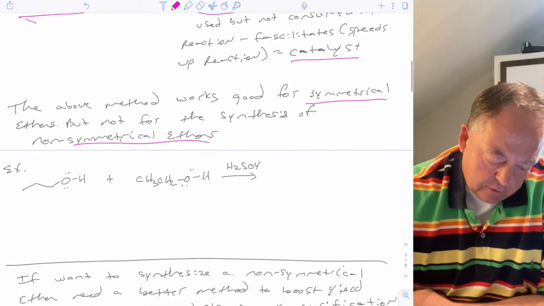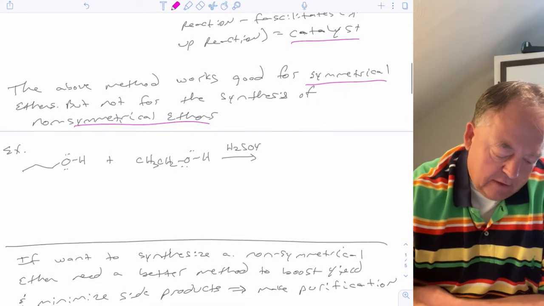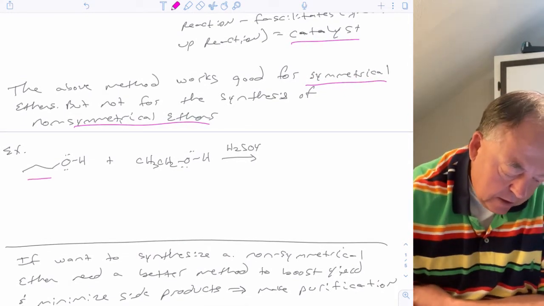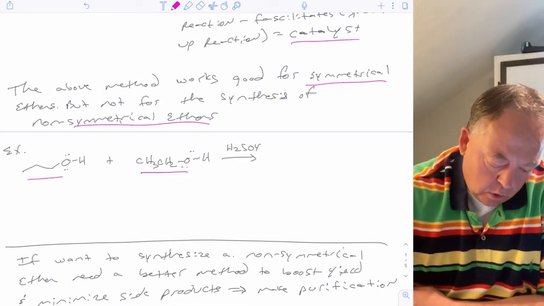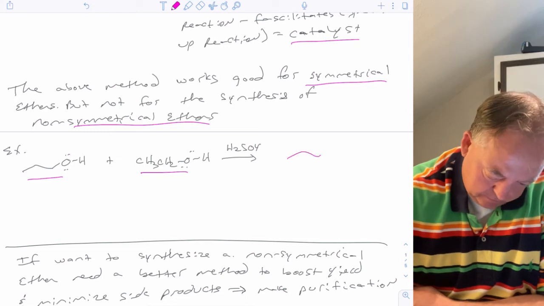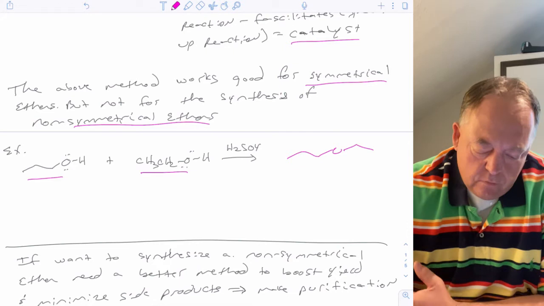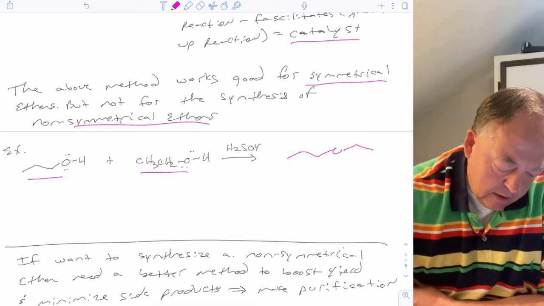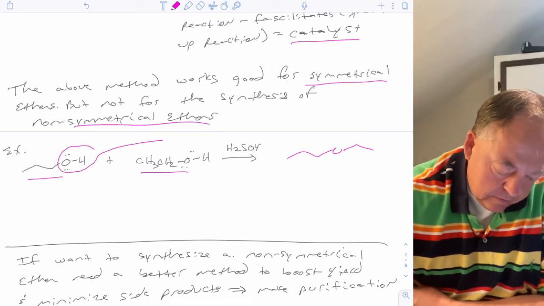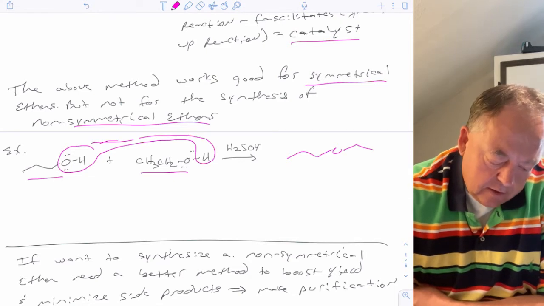ethers. So for example, if you tried this reaction, if you took propanol and ethanol and you wanted to make that ether, which is non-symmetrical, you could make that by losing the water molecule, right?